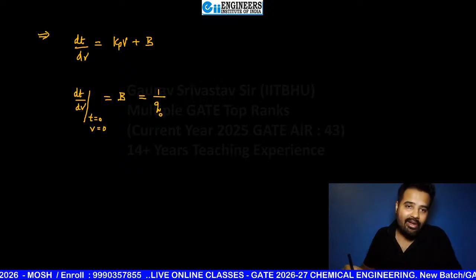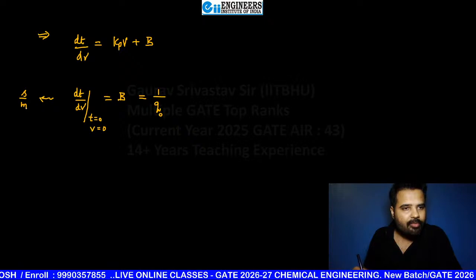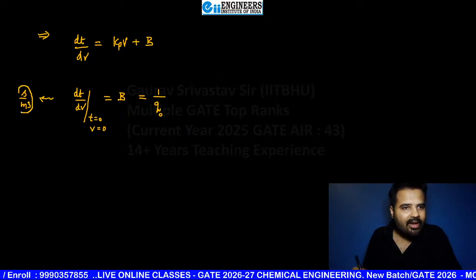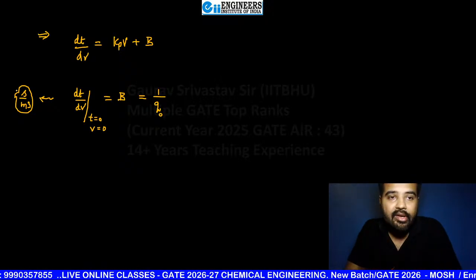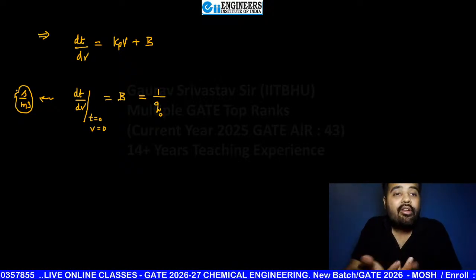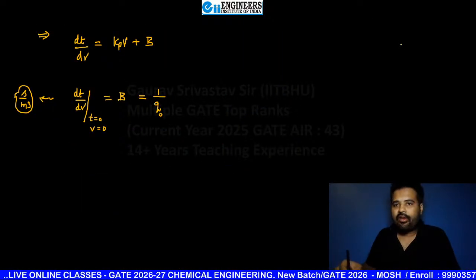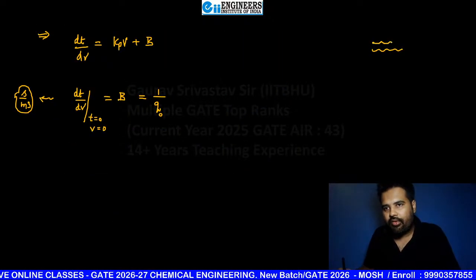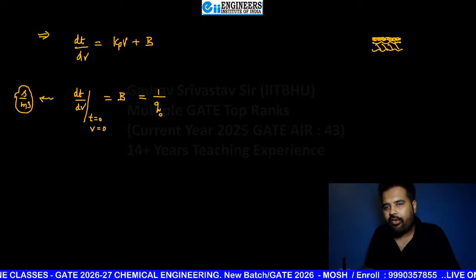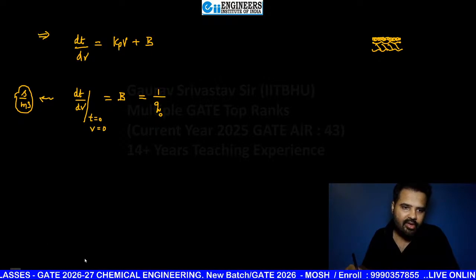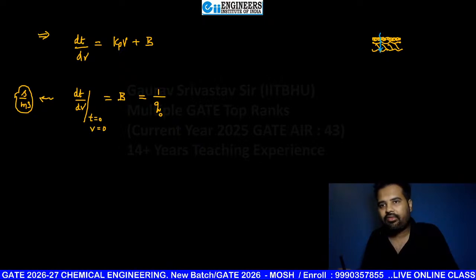Are you getting my words? Why am I writing like this? Because this has the unit of second per meter cube. So I am reciprocating it. The reciprocal will give us the flow rate. And this one is at which time? When the time is 0. Feel here. If this is your filter media, this is your cake. What I am telling here is that this is your filtrate and it is now just about to pass from here.